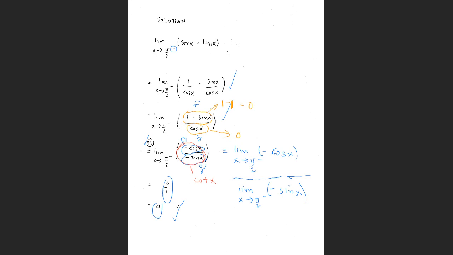And if you look at the graph for the cotangent of x, if you type in your calculator y equals 1 over the tangent of x and graph that, make sure it's in radian mode, you'll see that as x approaches pi over 2, the cotangent of x equals 0. It's another way to look at it. At any rate, we found this limit. So you see, L'Hopital's rule is helping us tremendously in finding limits.